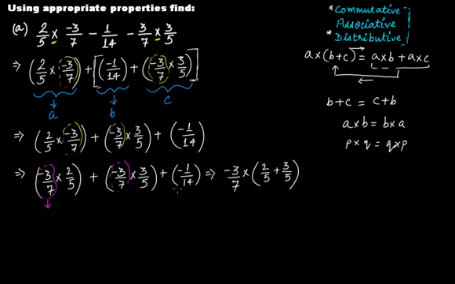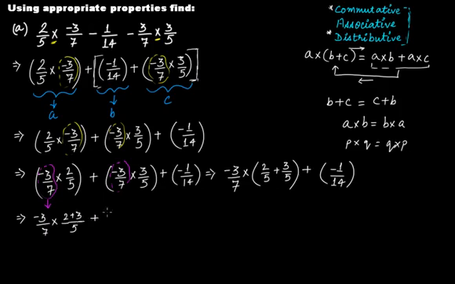Now we have this one, and then plus minus 1 over 14. I'm going to solve here. So we have minus 3 over 7 times, this is 2 over 5 plus 3 over 5. The denominator 5 is common, and this is 2 plus 3, right?